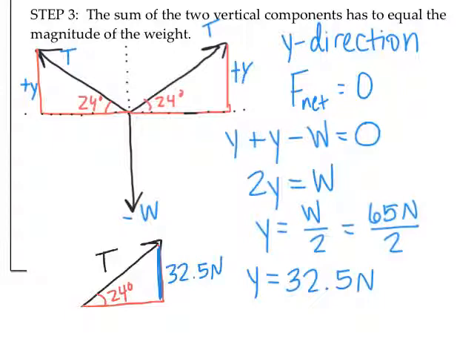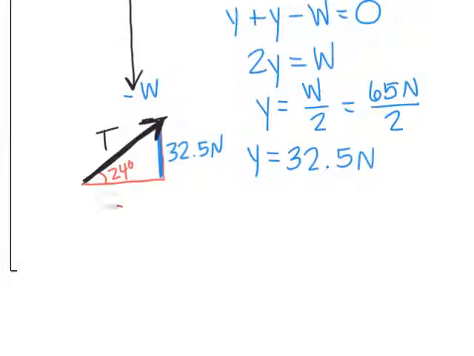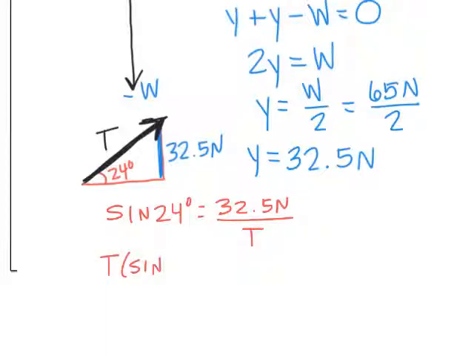So now I can use the sine of the angle to figure out how much tension is in that chain along my hypotenuse of the triangle I've created. So I'm going to say that the sine of 24 degrees would be equal to the opposite leg, which is 32.5 newtons, over the tension. And I'm going to go ahead and multiply the tension on both sides just to show an extra step.